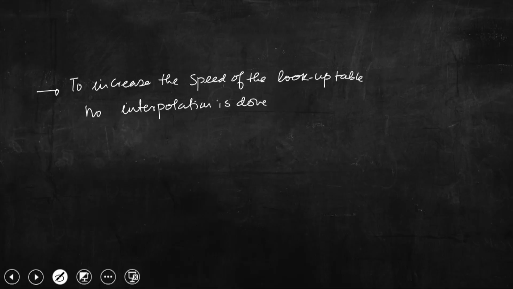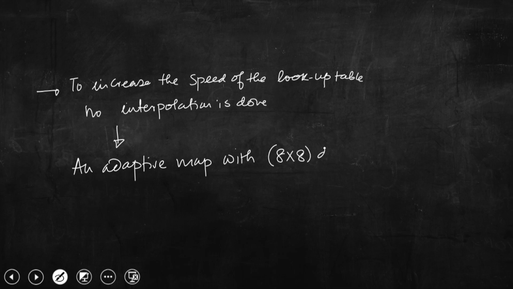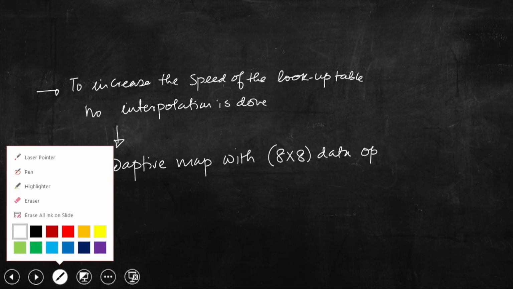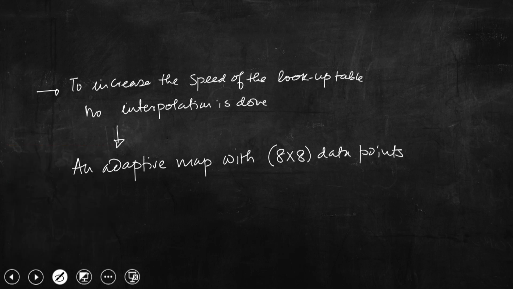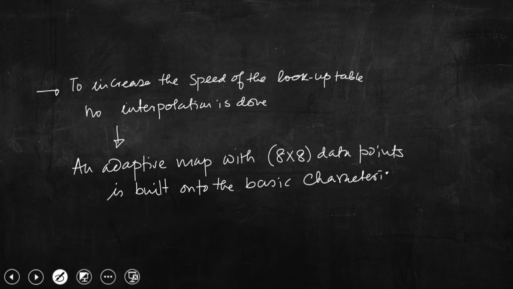So now the question is, to do that, an adaptive map with 8 into 8 data points is built onto the basic characteristic map.